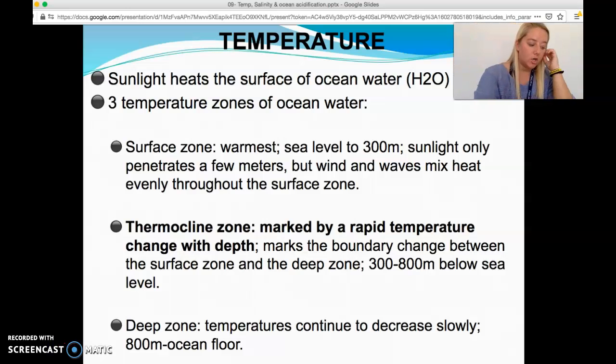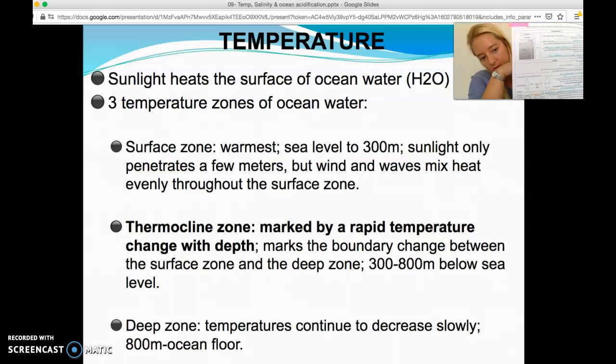And you have a little chart on your notes. Looking at your notes right here, you've got the 3 different layers, and you've got a graph. As you travel from the top of the paper to the bottom of the paper, you're increasing in depth.